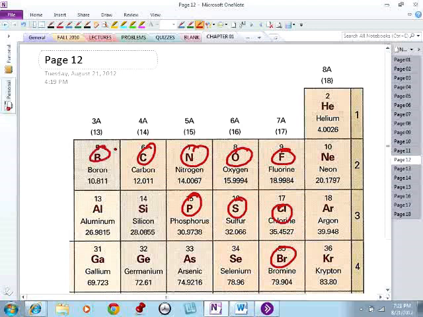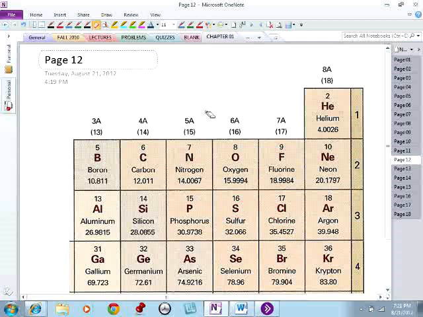Sometimes boron. Okay, you can see here, those numbers on top represent the atomic number. And what does the atomic number tell us? Number of electrons. Please do not forget that. That is very important going forward. The atomic number tells you the number of electrons that you have in a given atom.